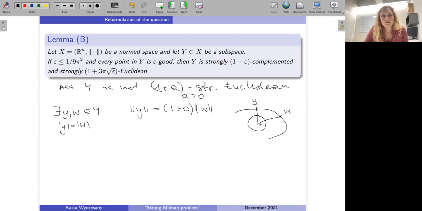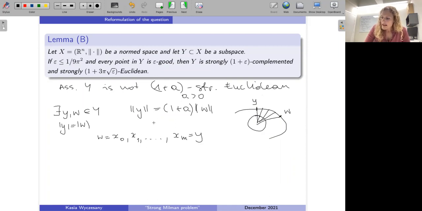And of course, since unit balls are origin symmetric, we know that w is not equal to minus y. So in particular, we can assume that the angle between those two is less than pi. And we can find the shortest arc between the two and partition it equally into vectors in between. So I will say that w is equal to, say, x0, and then I'll have x1 and so on until xm, which will be y.